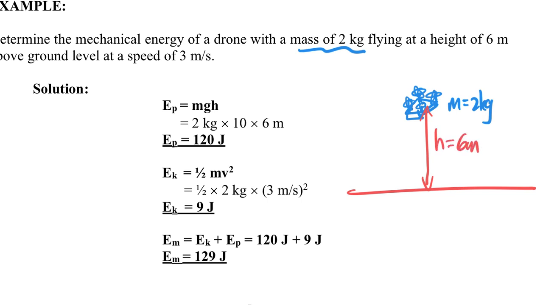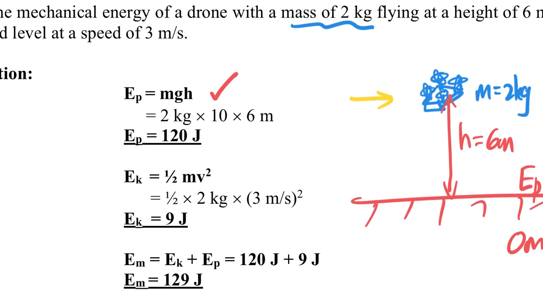So we're going to define the ground as 0 meters, and therefore the potential energy on the ground will be 0 joules. So at this point here, the drone has a potential energy of mgh, 2 kilograms.